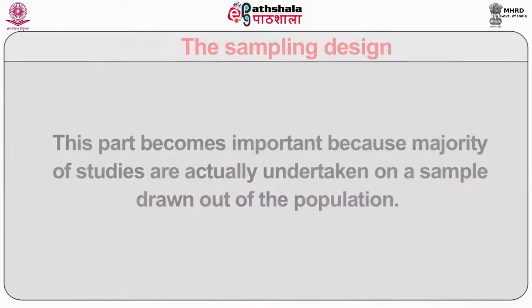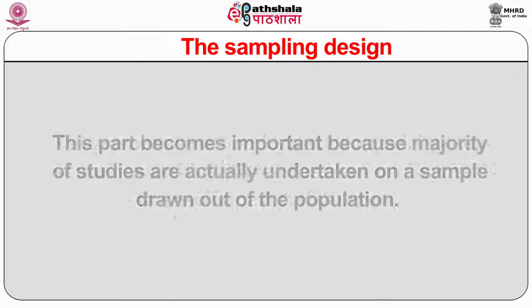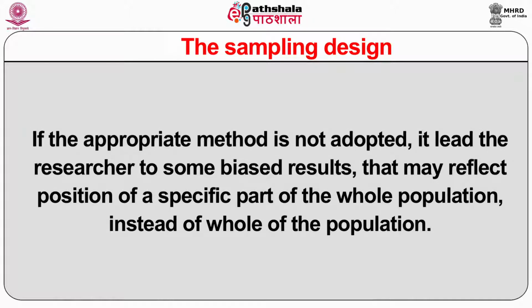This will further include designing of the sampling frame, sample size, etc. This part becomes important because the majority of studies are actually undertaken on a sample drawn out of the population. If the appropriate method is not adopted, it leads the researcher to some biased results that may reflect the position of a specific part of the whole population instead of the whole population.